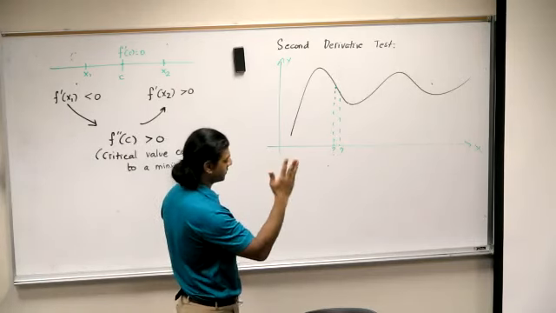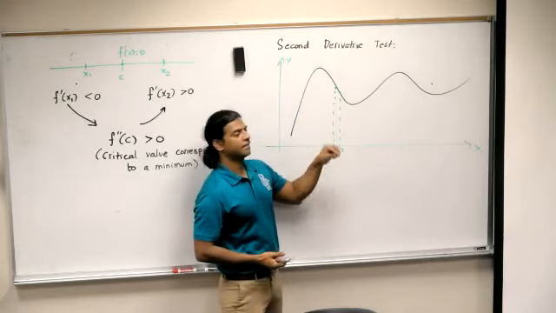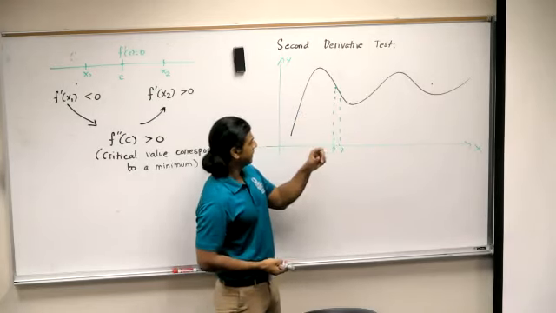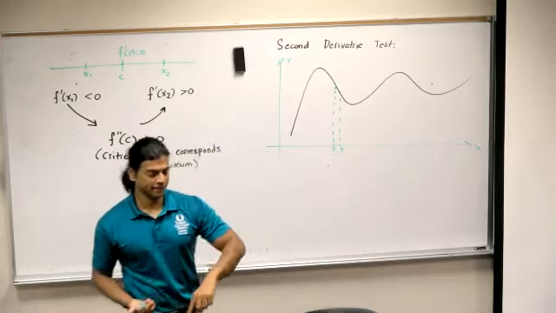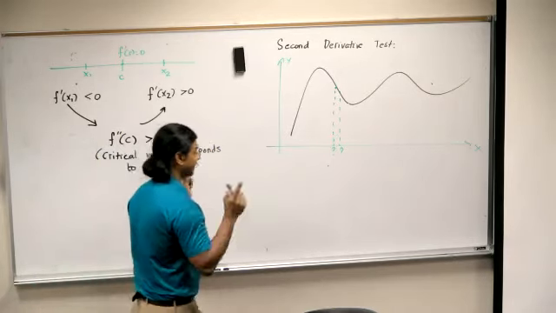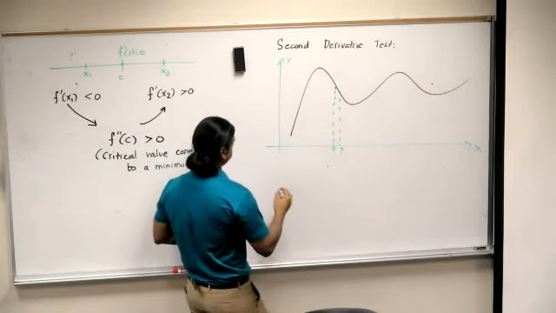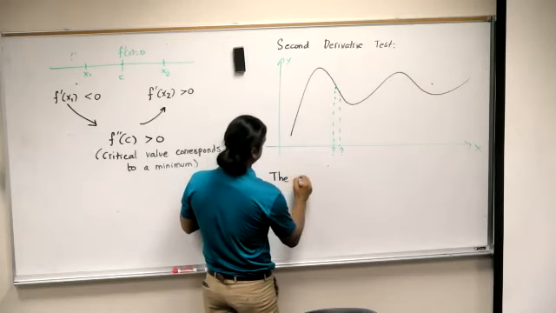I can't simply justify where that inflection point is. The point where the concavity changes is what we call an inflection point, or the point of inflection.